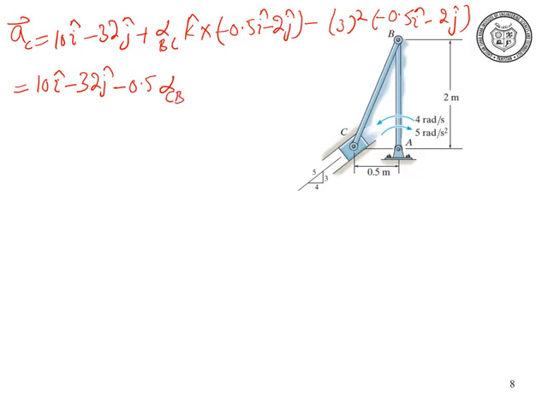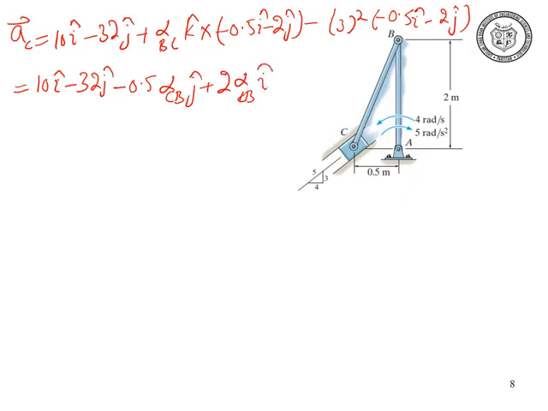So K cross I, what is K cross I? This will be J. Now K cross J will be minus I, and minus minus will become positive. So this will be plus 2 alpha CB I.